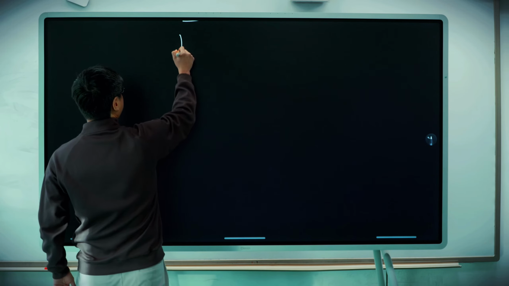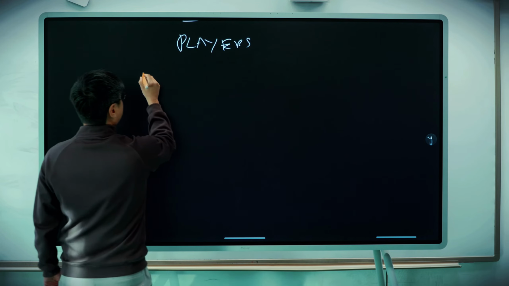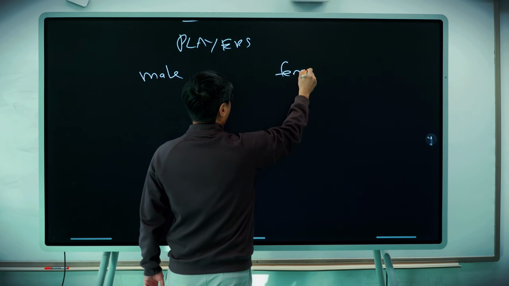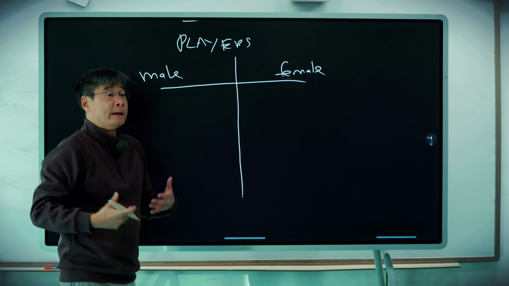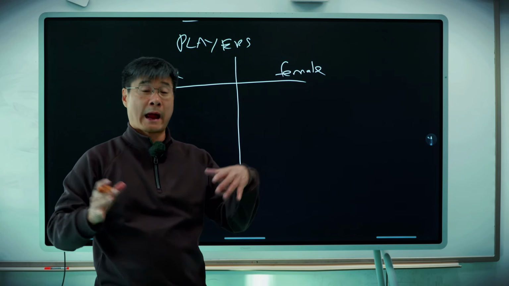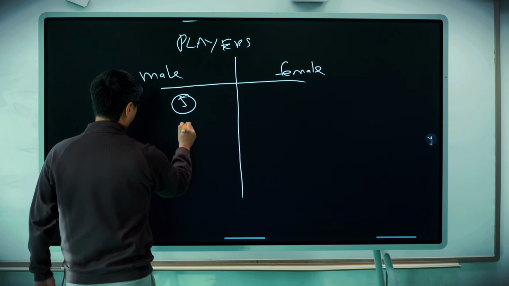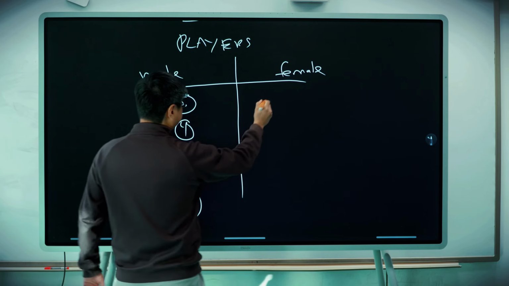So these are the players, and what we're going to do is divide them up into male and female. Then we will rank the males and the females. Okay, so we're going to rank 10 players into 5, 4, 3, 2, 1.